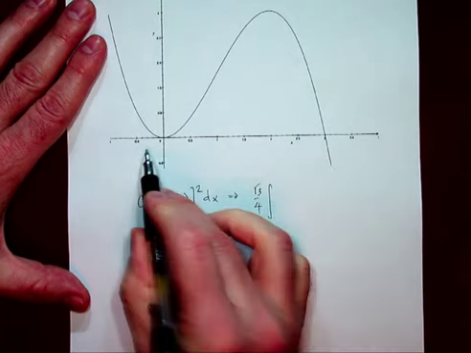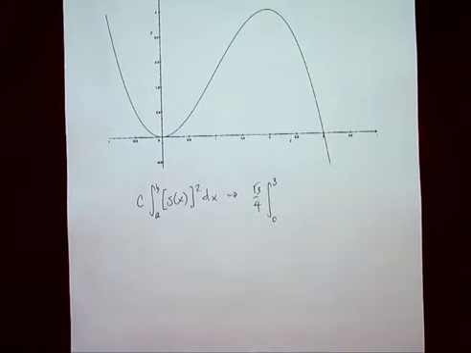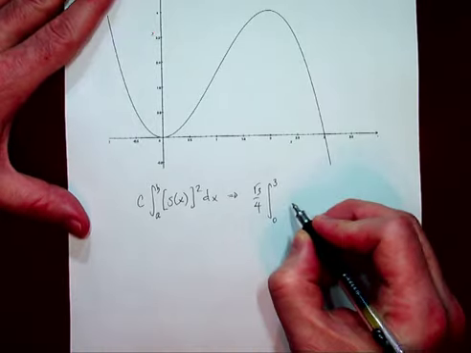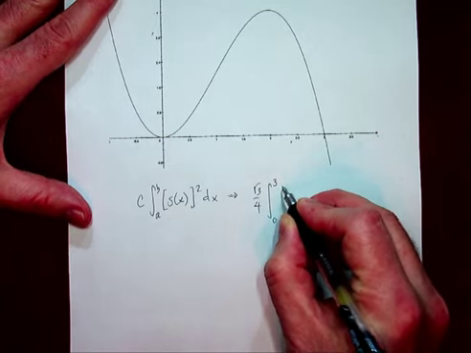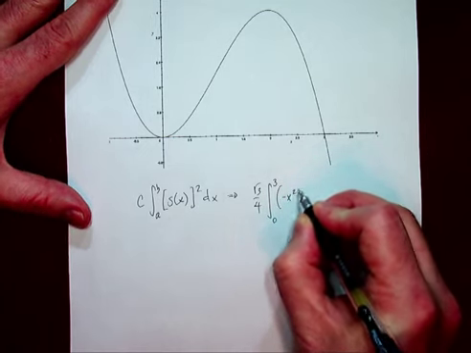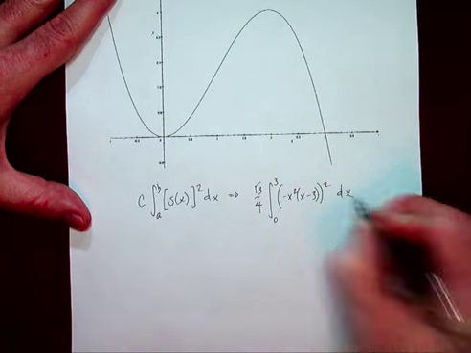It's from 0 to 3, okay, because it says the region in the first quadrant bound by F and the x-axis, and this is the only region right here in the first quadrant. And now you need S of x. Well, S of x just happens in this case to be f of x. So it's (-x squared times (x minus 3)) squared dx.